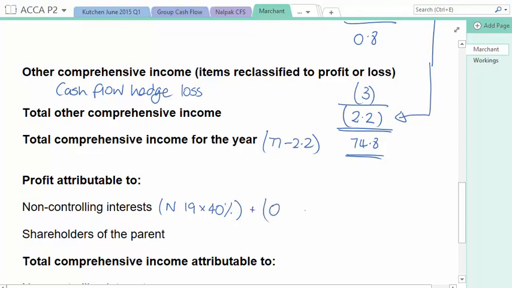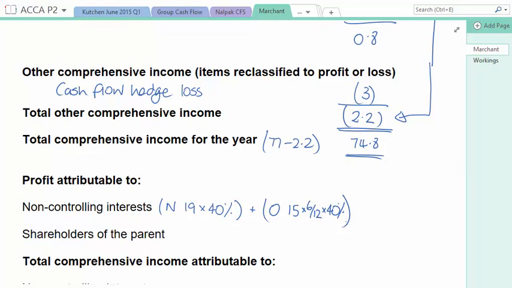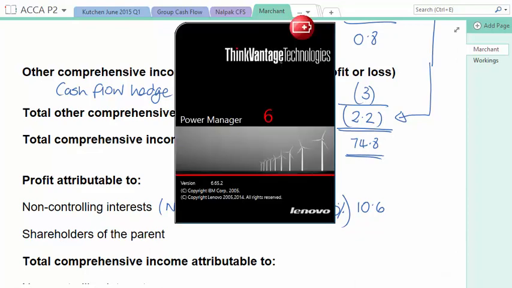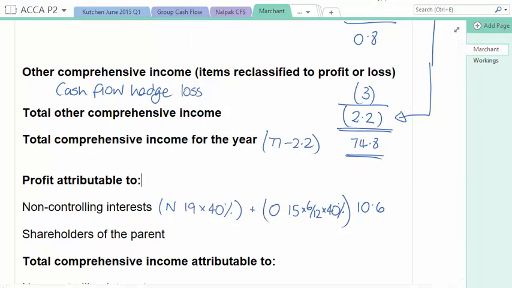And for Option, I've got 15. We've got an NCI for 6 months of the year, and for that 6 months of the year, they're entitled to a profit of 40%. That works out as 10.6. What's happened there? Something's gone a bit nuts.